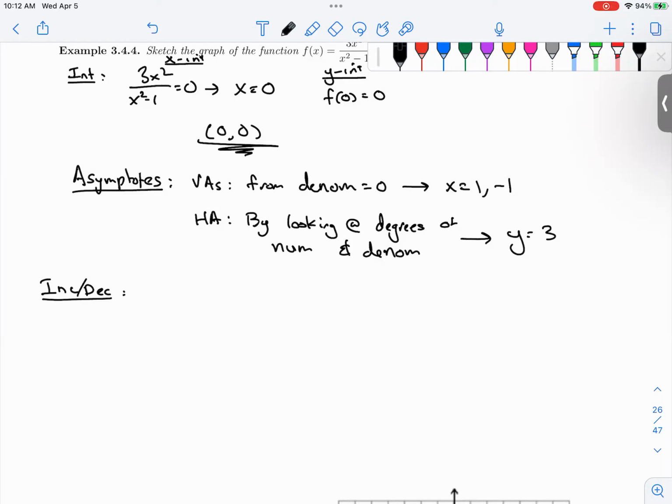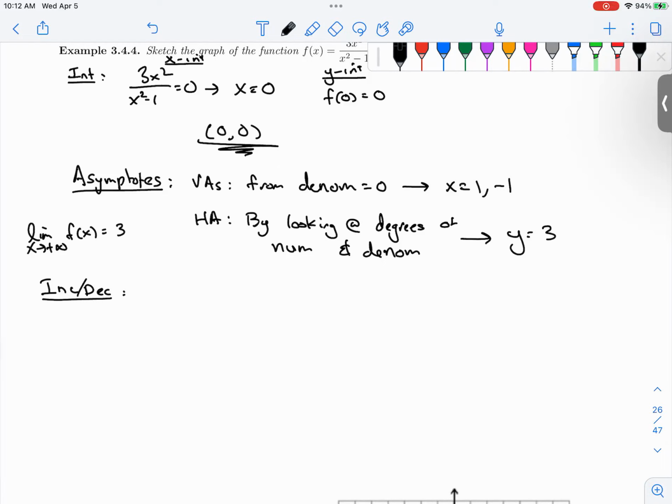I believe in the algebra and pre-calculus review section on our Canvas page, I have Eric Hutchinson's and my wife's videos on how to find those things. But you could also do it by saying, okay, what's the limit as x approaches positive infinity of f of x? And I guarantee you, if you do that, you will get 3. And since the limit as x approaches infinity of the function equals 3, that's a finite number, so that's the horizontal asymptote. y equals that number.